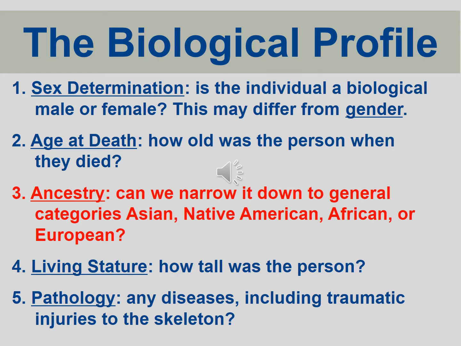First we have to understand what the concept of race is anyway, and what is actually ancestry. And so, again, this part is the concept of race, and the next part is ancestry. Then we'll move on to things like living stature, which, by the way, you do need to have a good idea of ancestry to determine, because we know that in terms of how tall people are, their living height, there's variation among people that are African American, for instance, in comparison to people who have Euro-American ancestry.